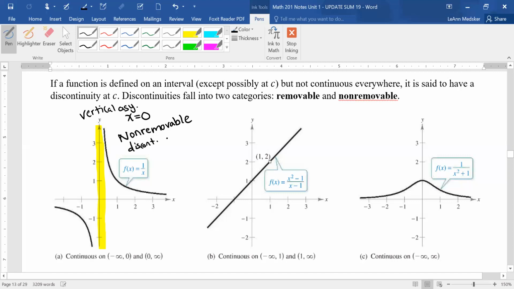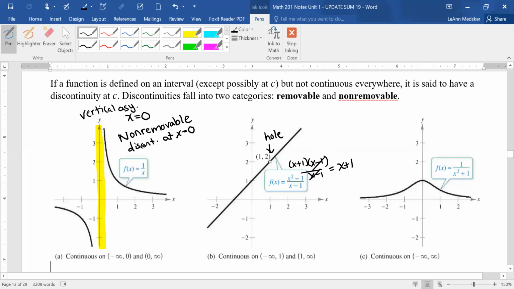Another type of discontinuity is the removable type. This is a hole in a graph. Notice this piece right here is a hole. And this function is defined as x squared minus 1 over x minus 1. If you factored the top here, you would see that it's (x plus 1)(x minus 1), which means that could be canceled out and removed, and then you would have just the line x plus 1.